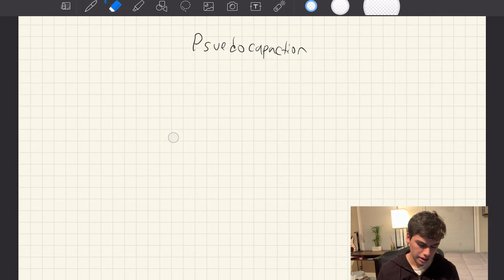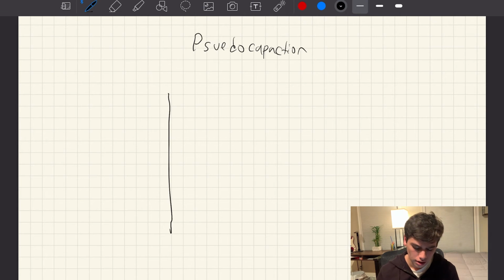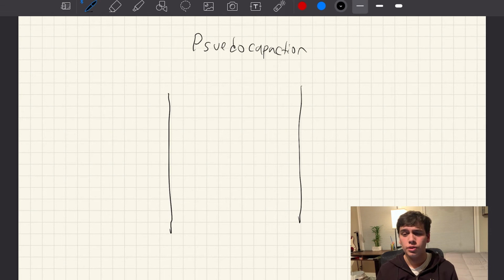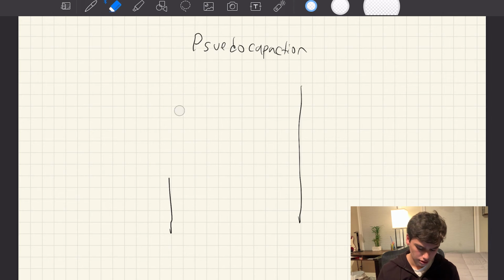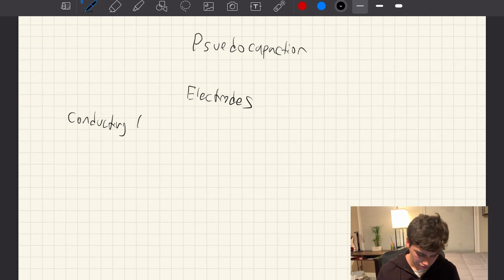So basically, for pseudocapacitors, there are really two main types of electrodes that are used. And if you refer back to the last video, electrodes are the two things that are positively or negatively charged on the sides of the capacitor. One electrode type is a conducting polymer, and this has some benefits.